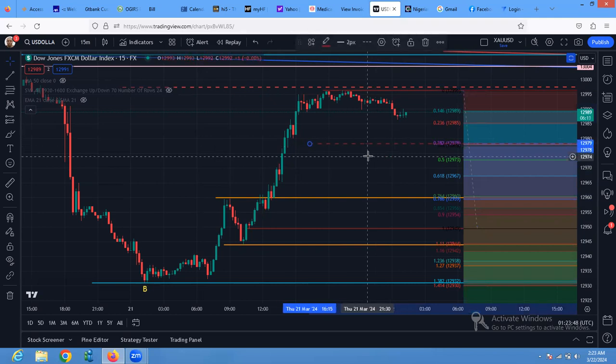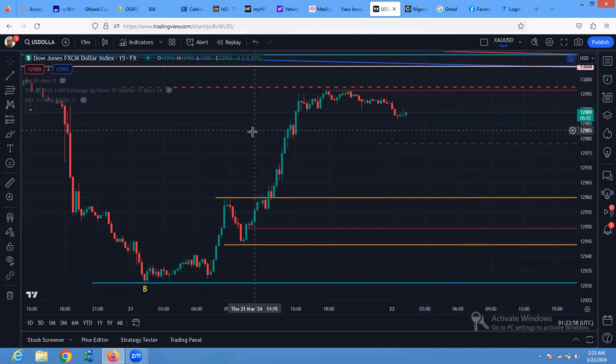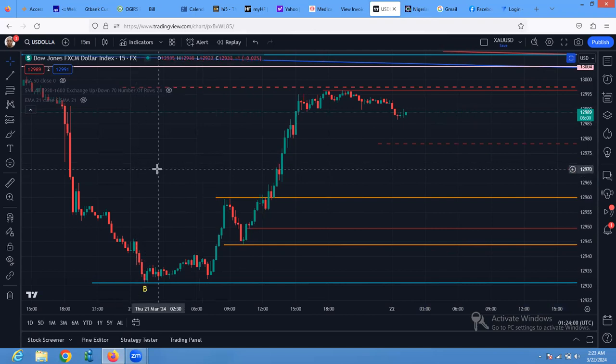We need to now break that to the downside. The moment we break that to the downside, I'm looking for where to relinquish my sell. So that is what I can see.